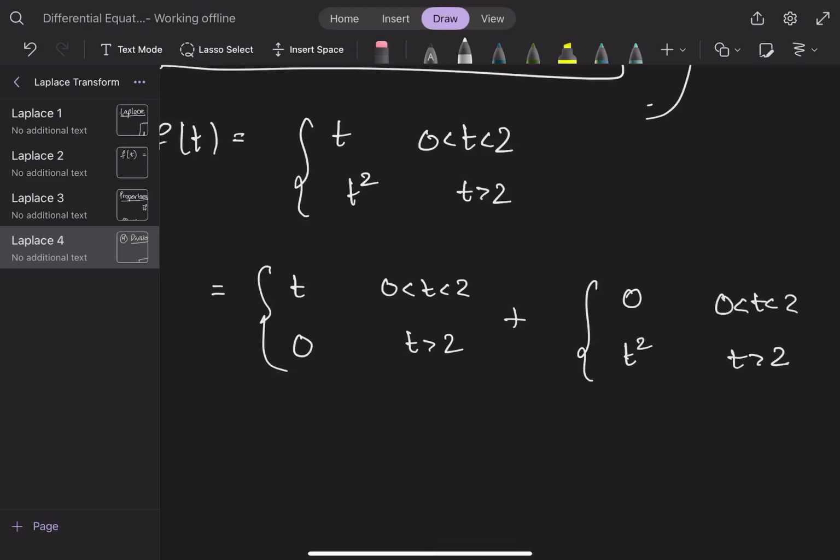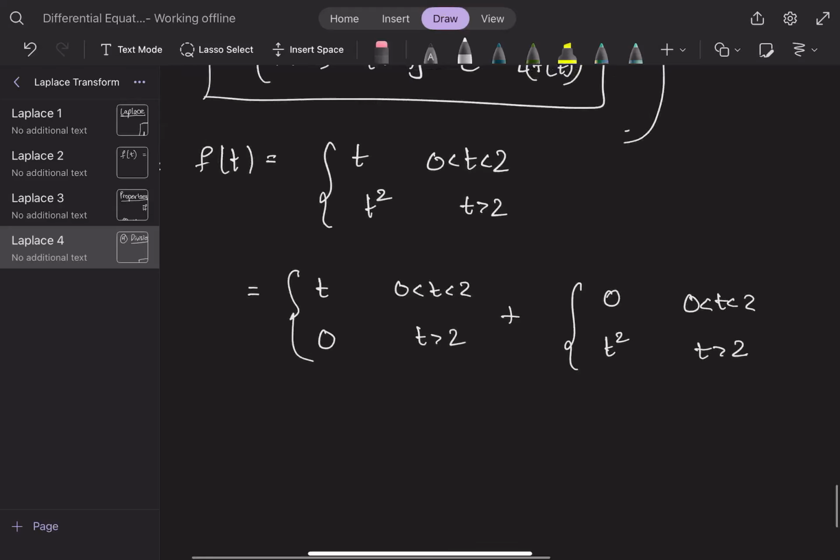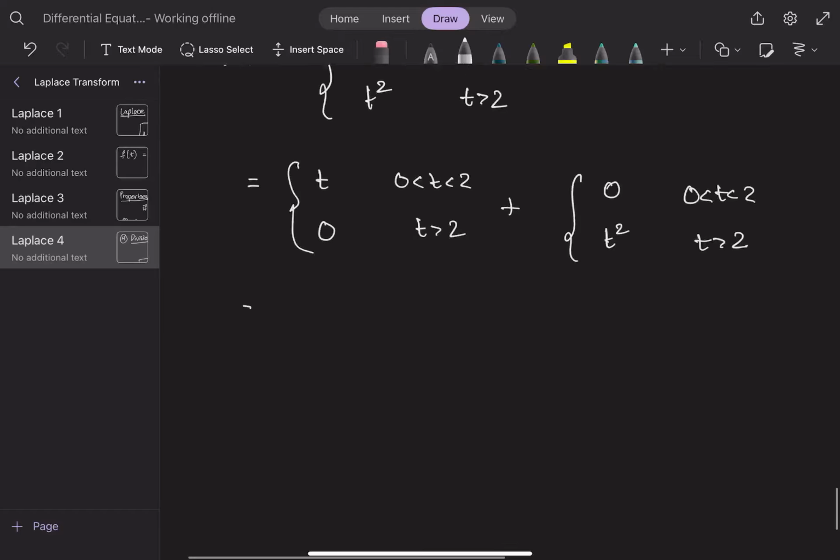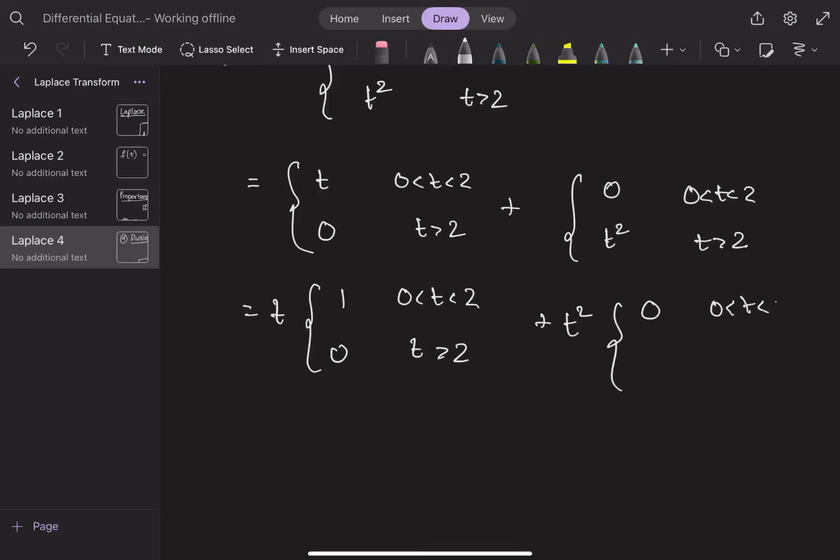So when you add this, you actually get t and t square, right? Now what we'll do, we'll take out t common. So you're left with 1 and 0. Here you'll take out t square as common. You'll be left with 0 and 1.